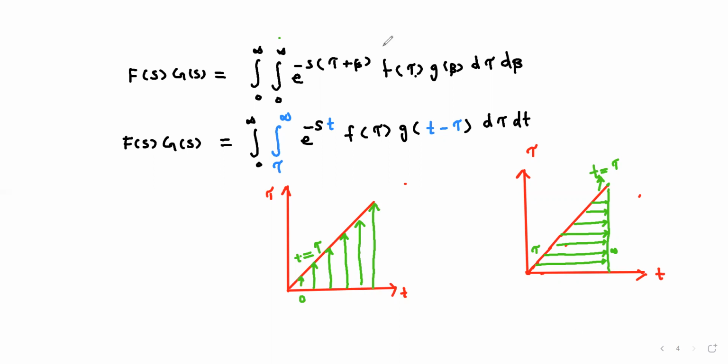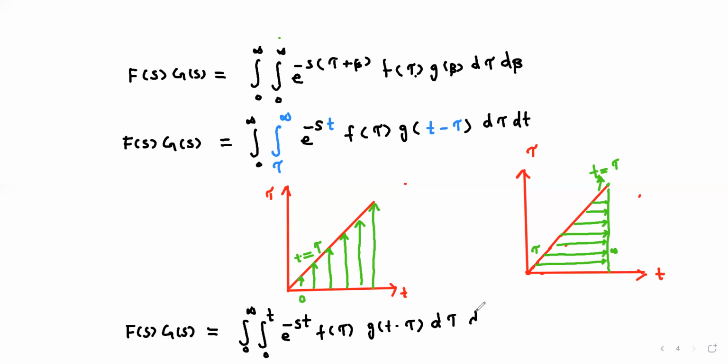So F of s, G of s is equal to integral 0 to infinity. And now first we have limit from tau to infinity, then we have limit from 0 to t: 0 to t, e raised to power minus s of t, f of tau, g of t minus tau, d tau, and then dt.